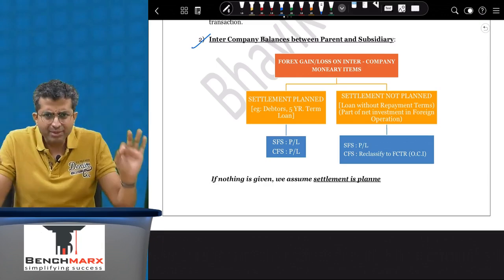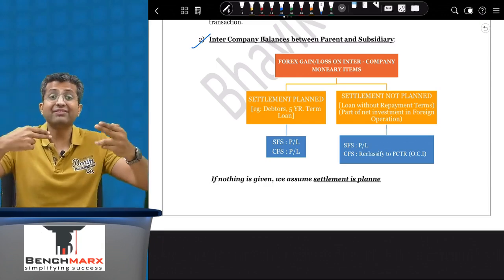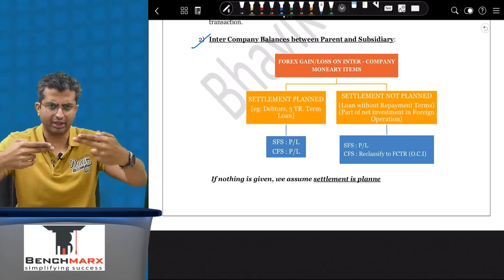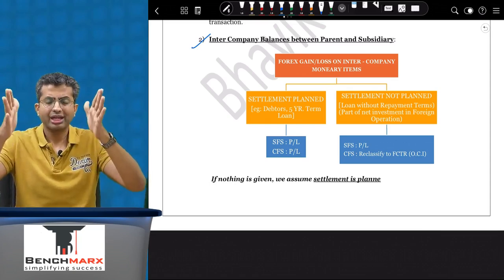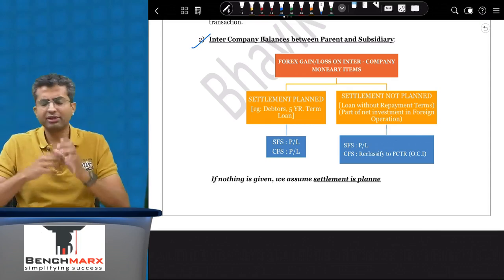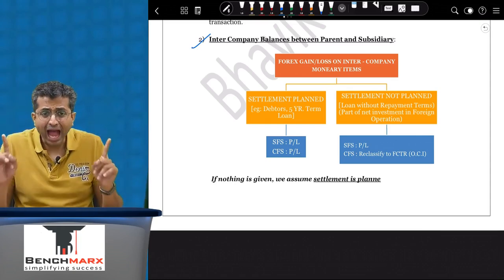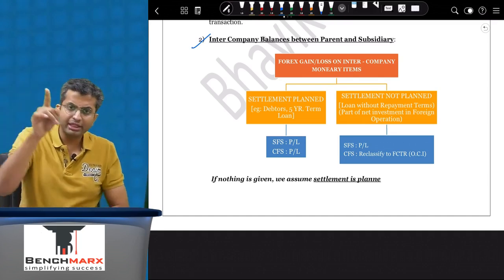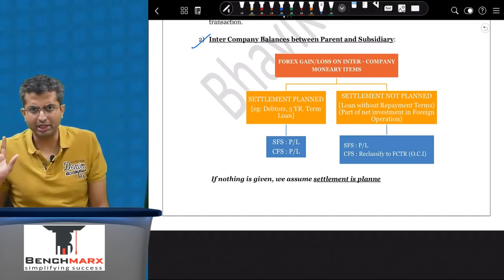Otherwise, for simplicity, just remember, if there are intercompany transactions, intercompany debtors, creditors, loans given, loans taken, as on the balance sheet date, the intercompany receivables and payables will be eliminated.